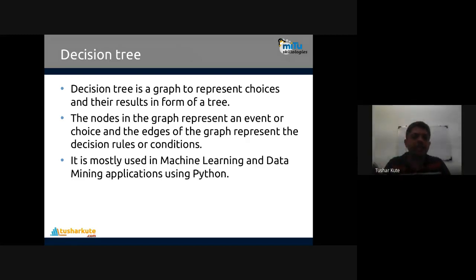Basically, internal nodes contain the different conditions, and based on that you proceed to either the left-hand side or the right-hand side. It is one of the most used machine learning and data mining techniques, using Python or R also. For solving different kinds of decision-making problems, we make use of decision trees very commonly for classification and regression.